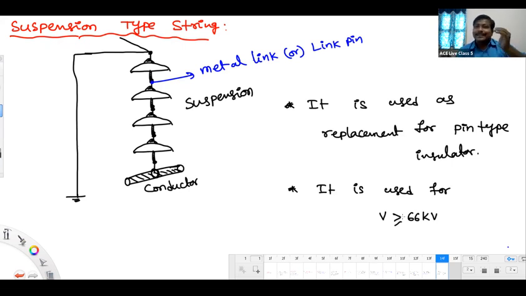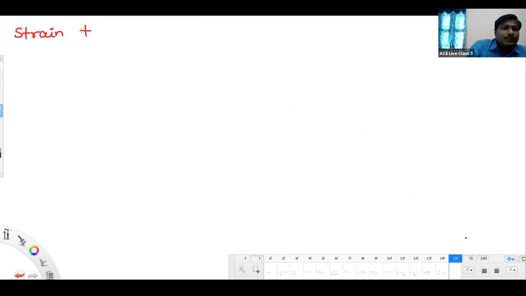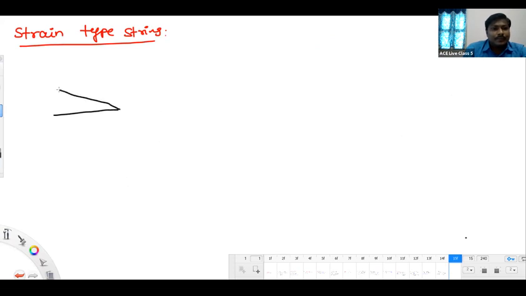Next one, the strain type string. It's another arrangement. Let me copy this. This is the strain type string. Here is the cross arm, the tower, which is grounded.